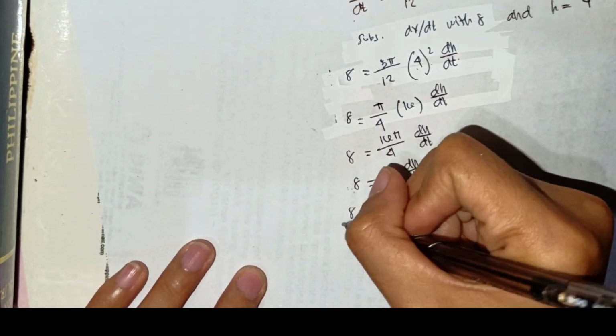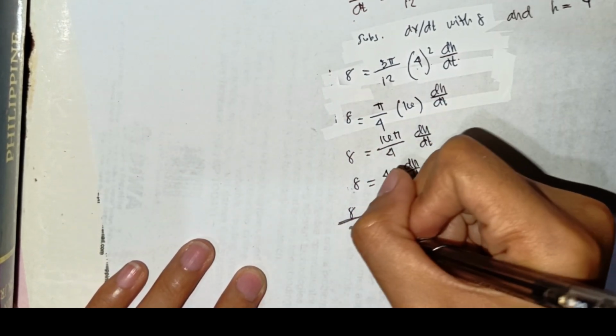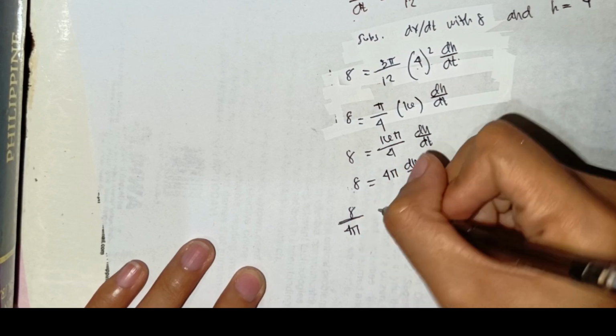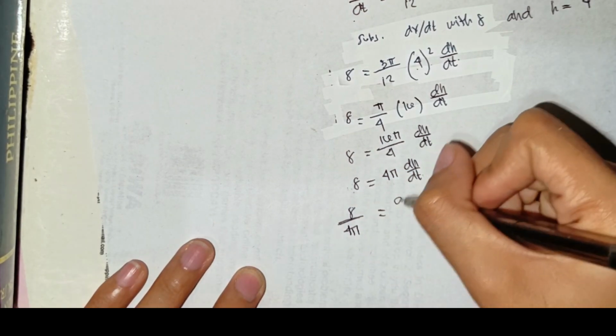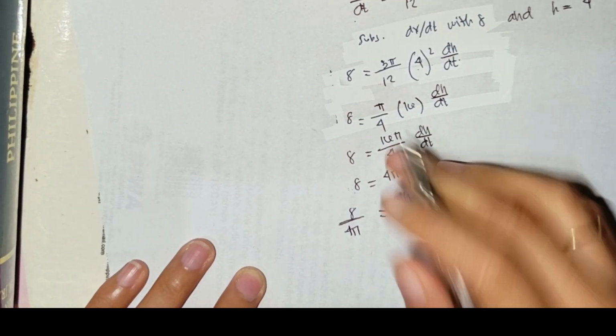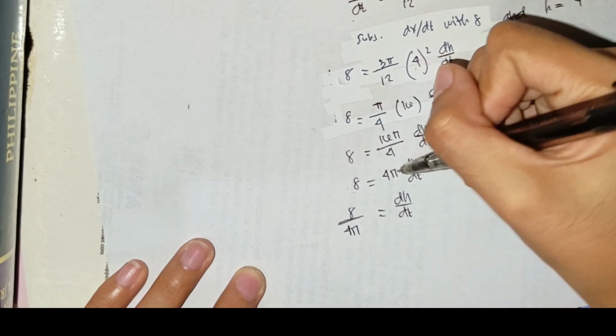So, 8 over 4 pi is equal to dh/dt, since the 4 pi cancels out here.